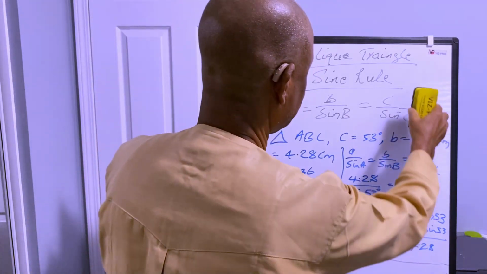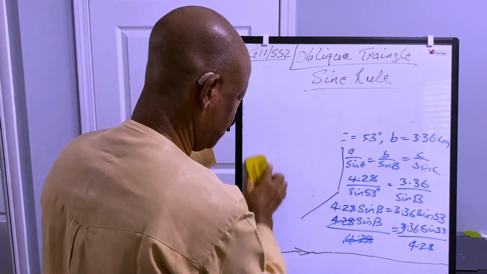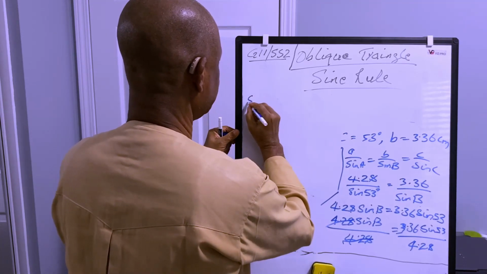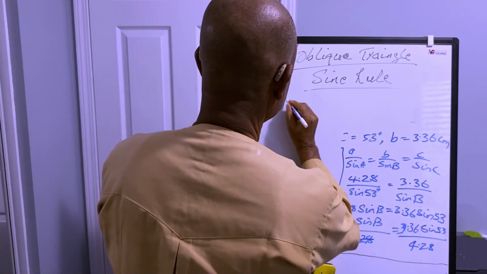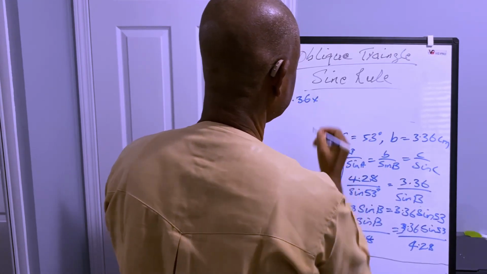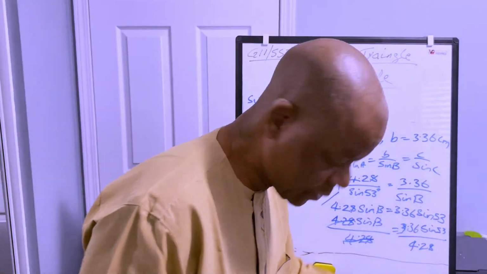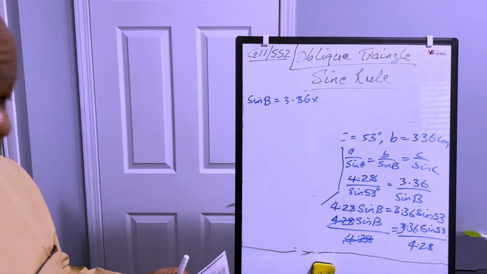Now we have sine B equals 3.36 times, you consult your four-figure table to find angle 53 degrees. You pick your four-figure table.